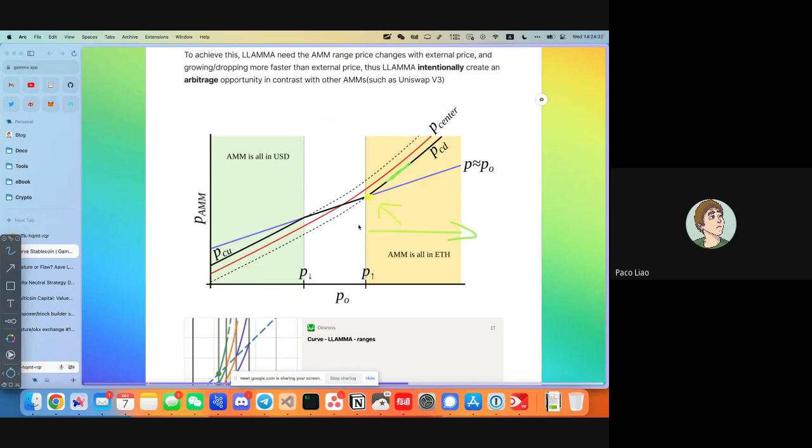And with the price decreasing, PCD and PCU also decrease. And you can see at this P down here, the PCU actually equals the external price. So at this point, the range upper price is equal to the external price.